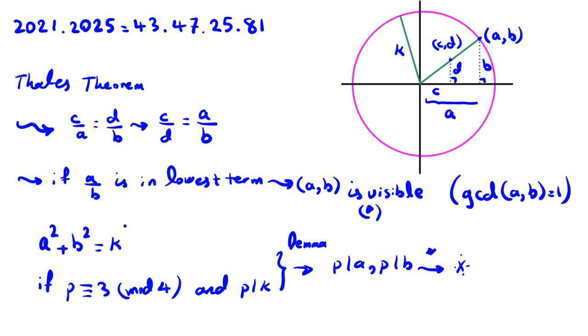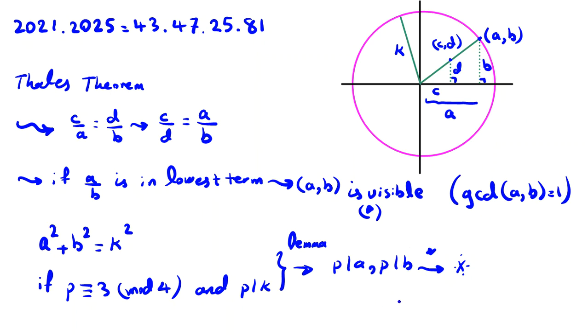Now, suppose that a squared plus b squared equals k squared. If p is congruent to 3 mod 4 and p divides k, then by our lemma p divides a and p divides b, and that's a contradiction, because for a visible point the GCD of a and b should be 1.